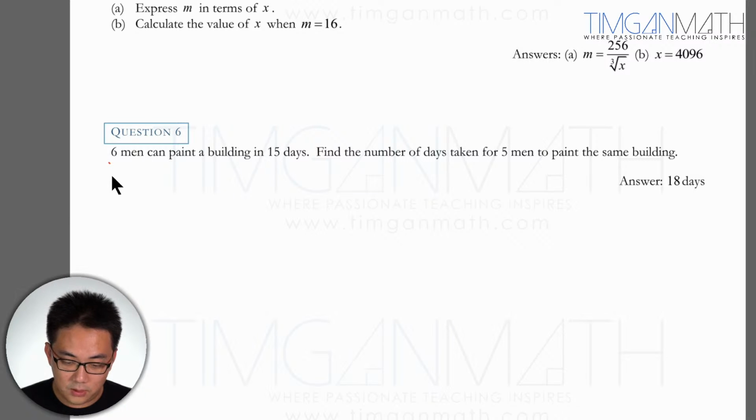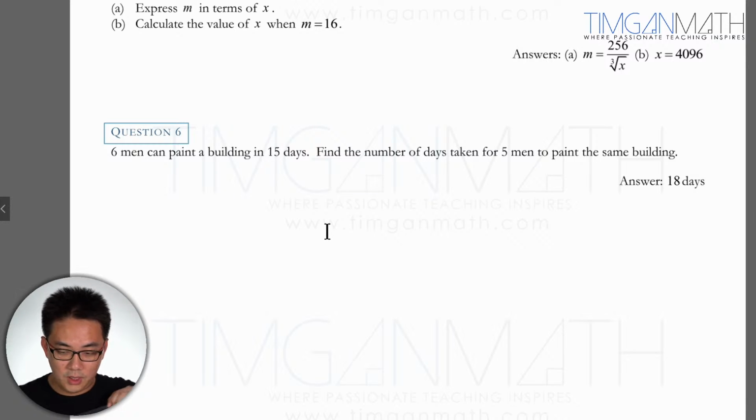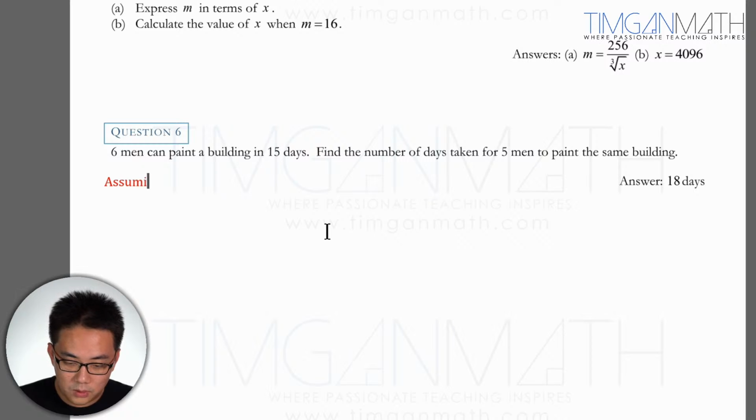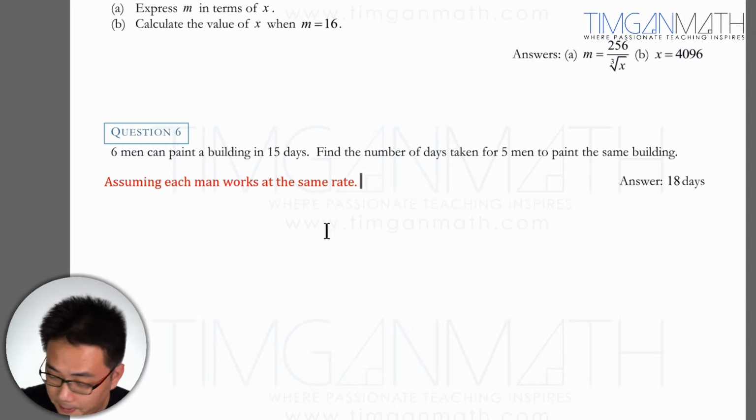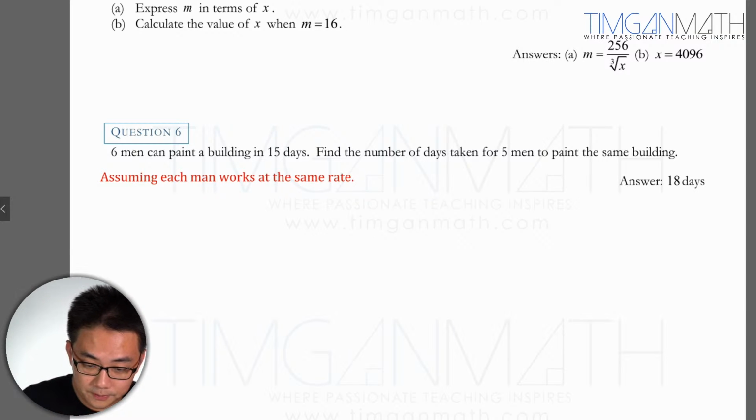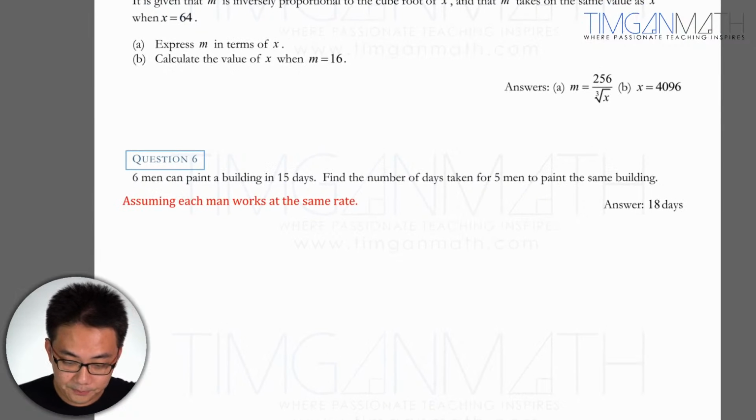So you need to assume that each man works at the same rate. If not, we can't just assume that they are inverse proportion. Okay, great. Let's look at that.